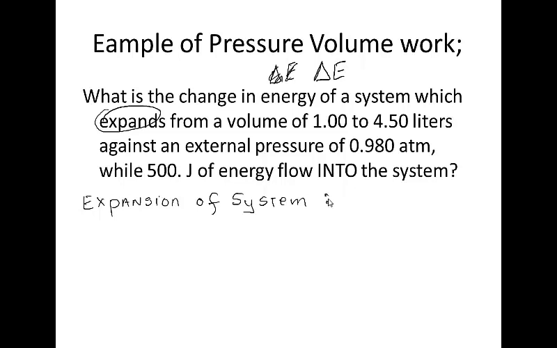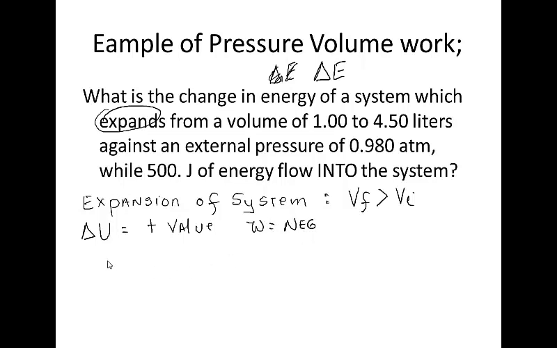That means that my volume final is greater than initial. That means my delta V is going to be a positive value. That means that my work should be negative. If I do this right, my work will be negative.